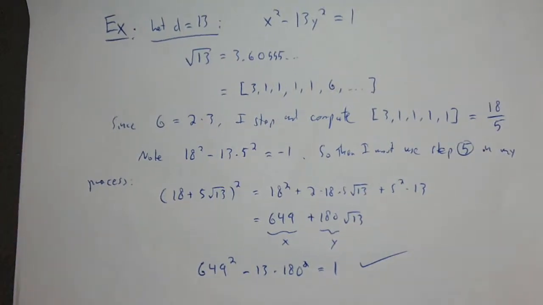This is a very slick way of doing this Pell's equation type problem. Using continued fractions in this way is a pretty convenient way of getting this done. Okay, so I think that's all I wanted to say for Pell's equation.